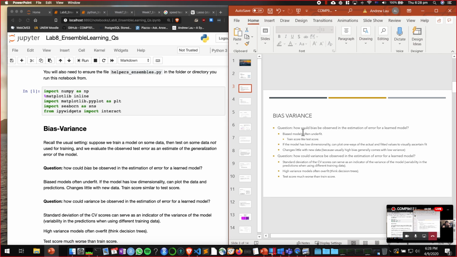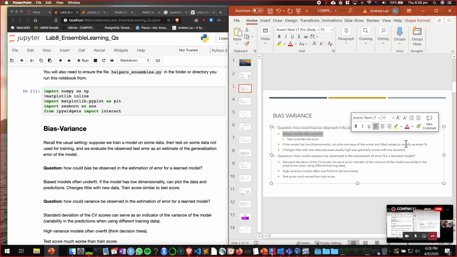Okay, so with the first question, how can bias be observed in the estimation of error for a model? There's a couple of things we notice. Now, there's a relationship between bias and model complexity. So we find that your lower bias models tend to overfit, and conversely your simple models or less complex models tend to underfit, right?